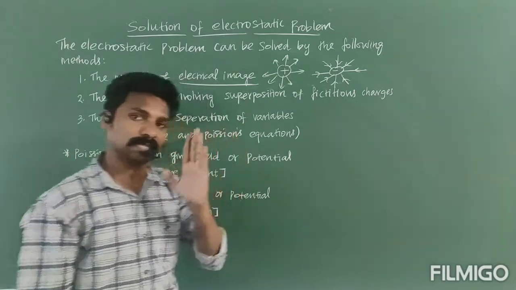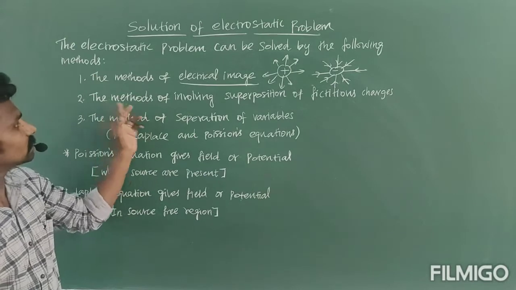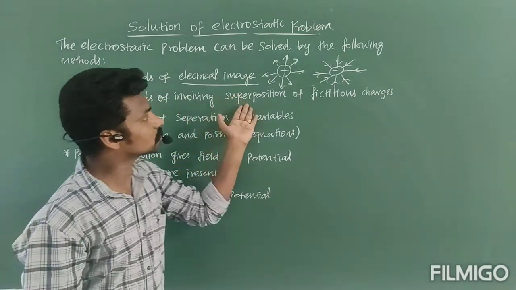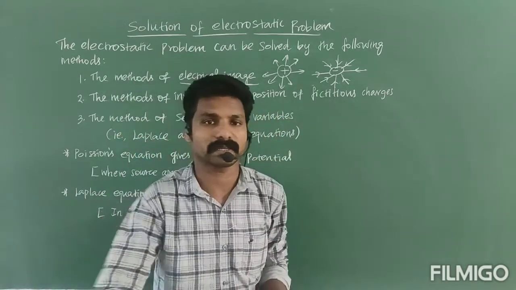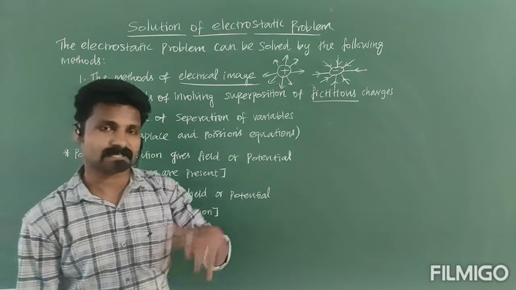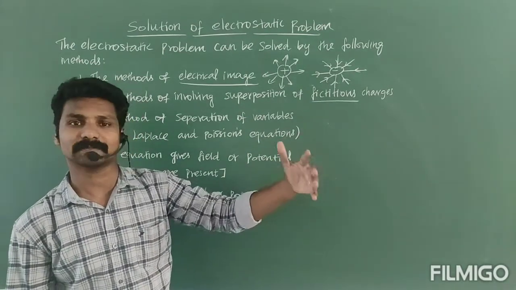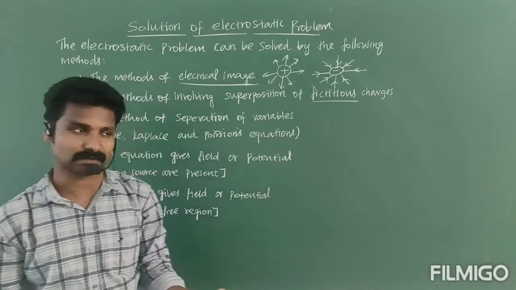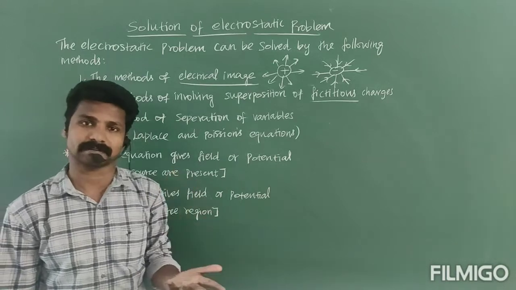Okay, then the second one, the methods of involving the superposition of the fixed charges. Okay, it is like imagination. Okay, அப்போ நிறைய சார்ஜஸ் இருக்குது, so அந்த இடத்துல net charges calculate பண்ணுறதா இருக்கட்டும், electric field calculate பண்ணுறதா இருக்கட்டும், otherwise potential calculate பண்ணுறதா இருக்கட்டும்.